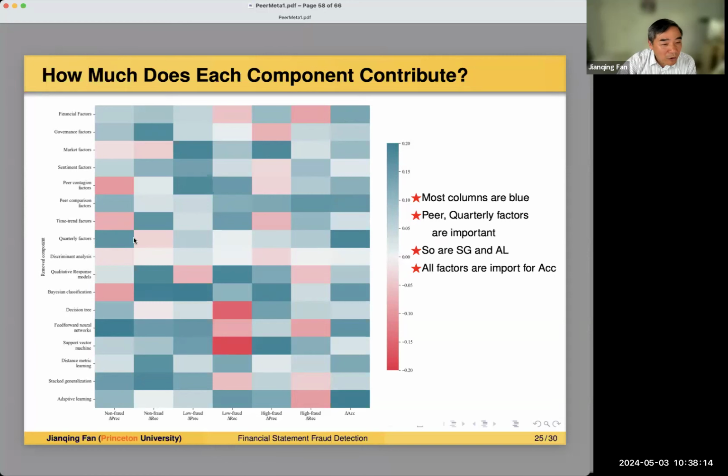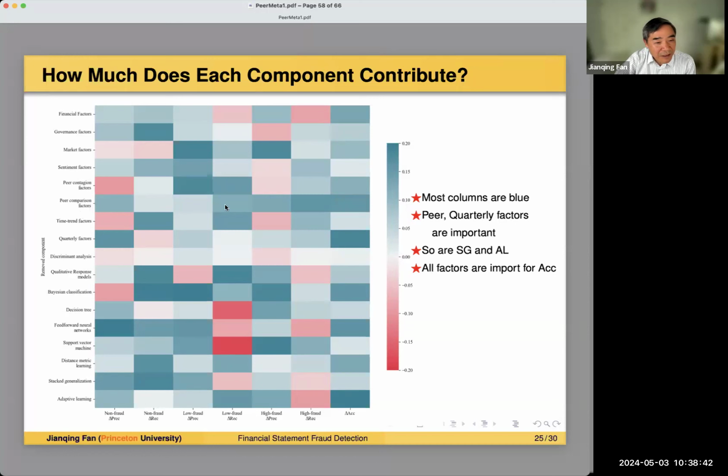Now, if you look at the quarterly factor, it's basically saying the quarterly factor is important. If you look at our adaptive learning, it's also important to each of those recall measurements. In other words, most columns are blue, which basically says that the peer factors and quarterly factors that we introduce are all very important.